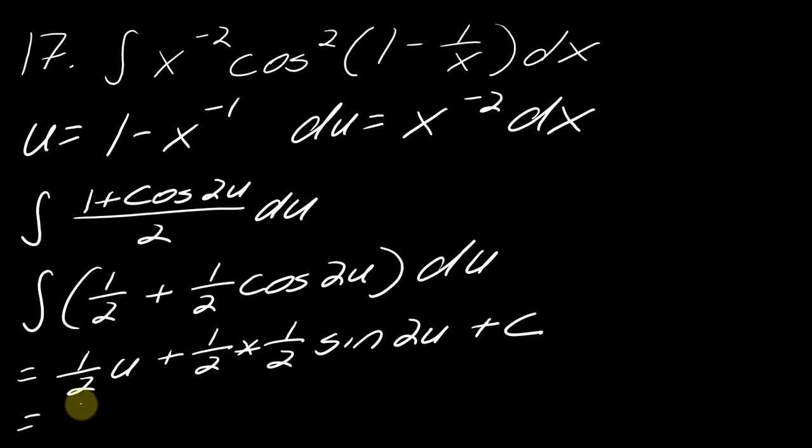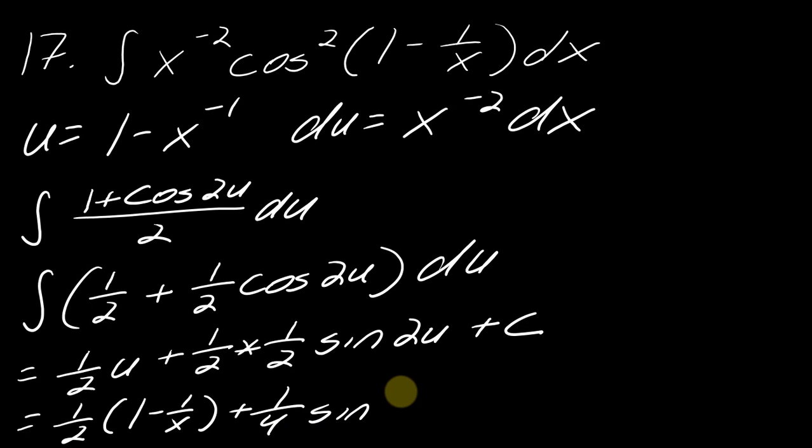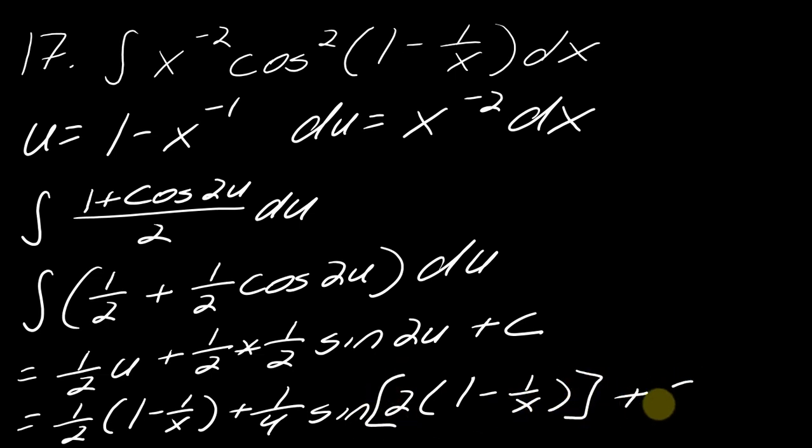So my final answer will be 1/2 times (1 minus 1 over x) plus 1/4 sine of 2 times (1 minus 1 over x), and all of that together plus c. So it's kind of a crazy answer. And then you could simplify this further. I've seen different ways that this was simplified further, but I'm actually just going to leave it like this for now.